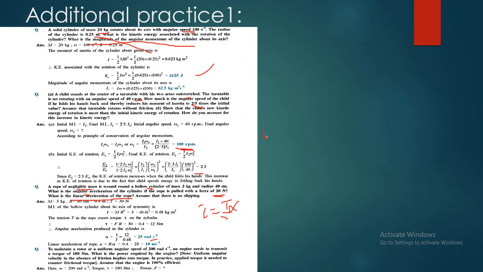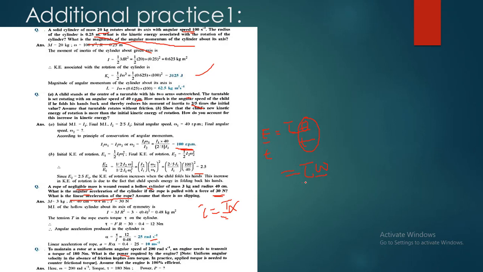The energy is equal to torque times angle, just as force times distance is what gives the energy. We know energy over time is power. So power is equal to torque times theta over t, which as you can see is angular velocity.